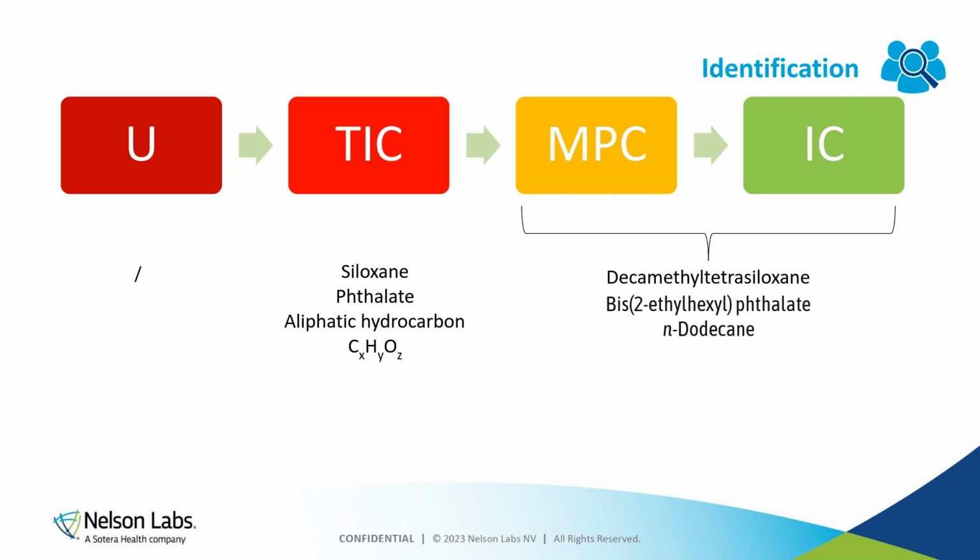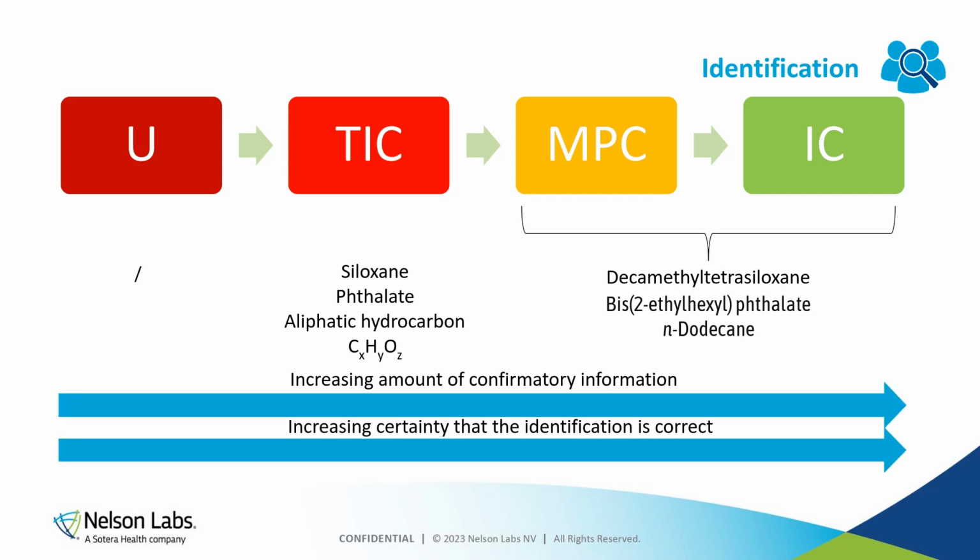Here you have a high hit rate with your library, and you know the structure, so you can give a name of the compound and ideally a CAS number. But the compound is not confirmed with an authentic reference standard. And then the fourth classification is identified compound. The compound is 100% sure, as you have confirmed it with an authentic reference standard.